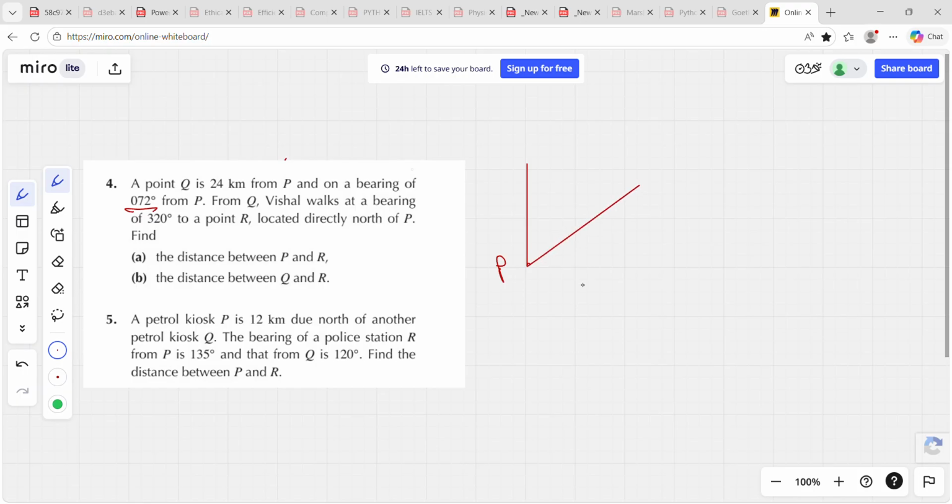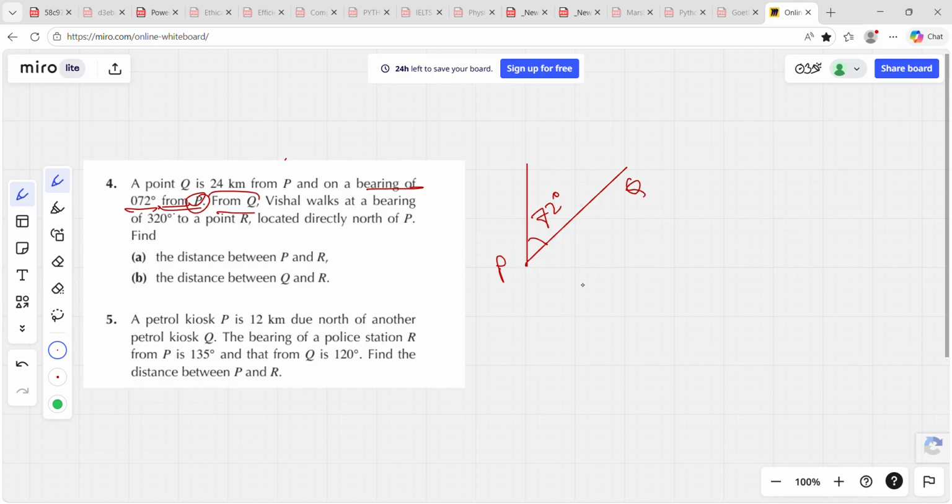Let's consider that. From p, a bearing of 72 degrees from p. Now they say this particular distance, so make it broader, bigger. So this is 72 degrees and this is q.